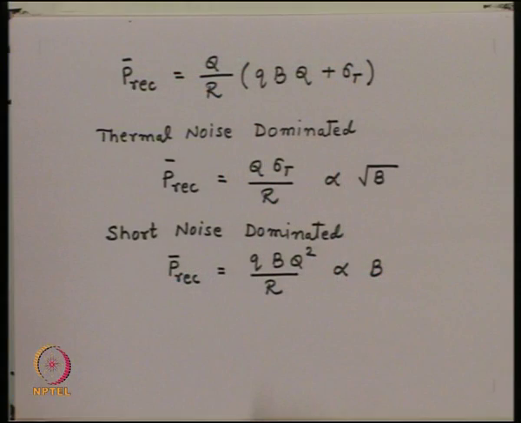So, in fact, what the analysis is telling you is that when different data rates are transmitted on the optical communication system, depending upon the separation between the transmitter and the receiver, the minimum required power scaling will vary as a function of bandwidth.